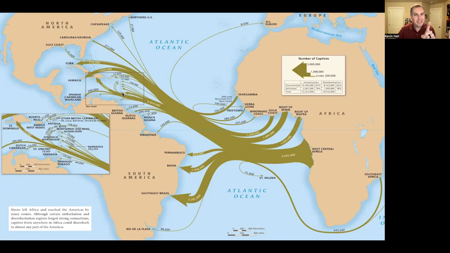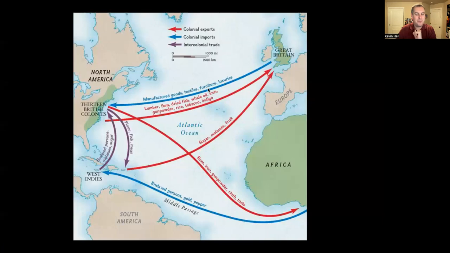Not so fast. Let's look at this map, though, okay? This map shows us some different trade routes that were going between different parts of the world at this time. And so we can follow this blue line. It goes from Great Britain. They were bringing manufactured goods and furniture and other luxuries over to the 13 colonies from Britain, right?